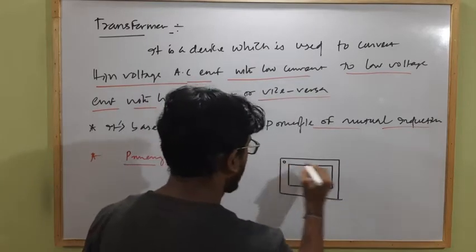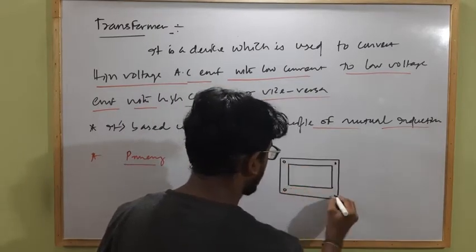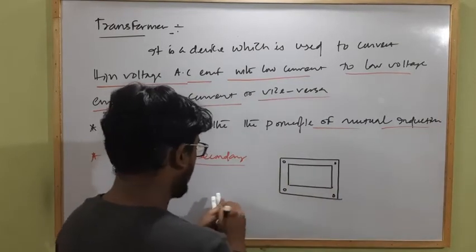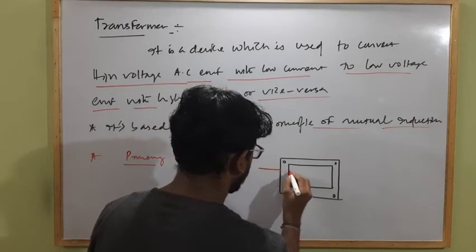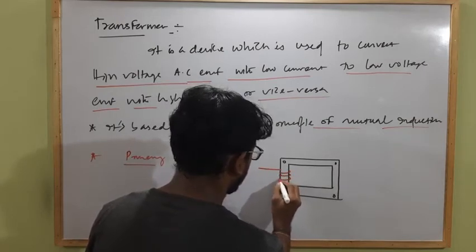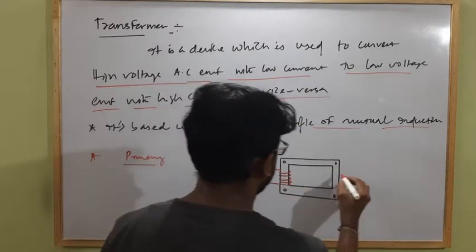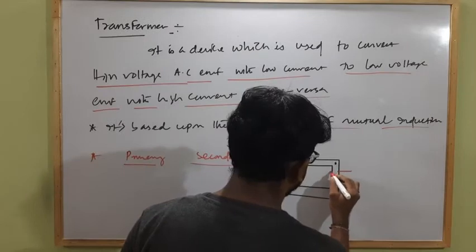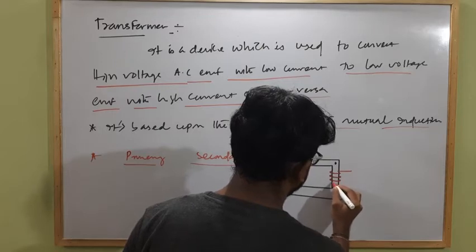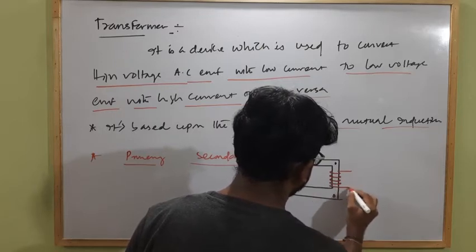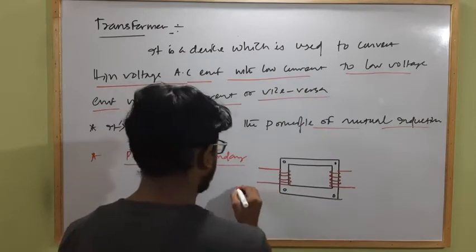Okay, this is the rectangular iron core on which the primary and secondary coils are wounded like this. This is primary, this is secondary.